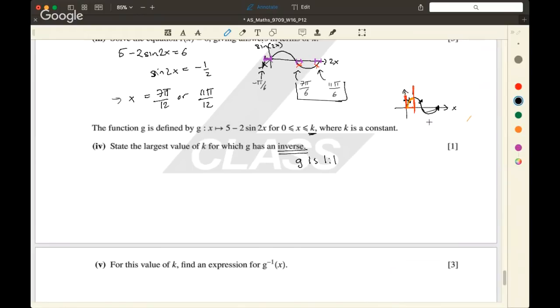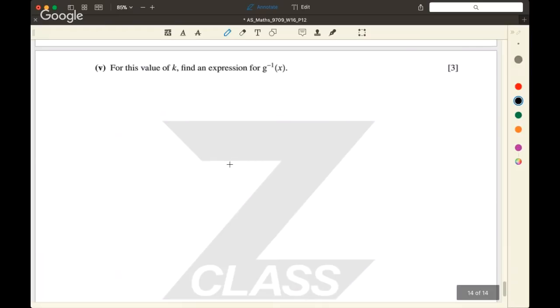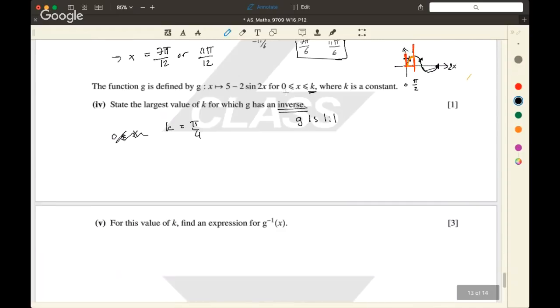So I have to restrict my range to when 2x is between 0 and pi on 2. So let's say this is 2x. And therefore, when x is between 0 and pi on 4. So if this is the value of k, they want us to have an expression for g inverse.